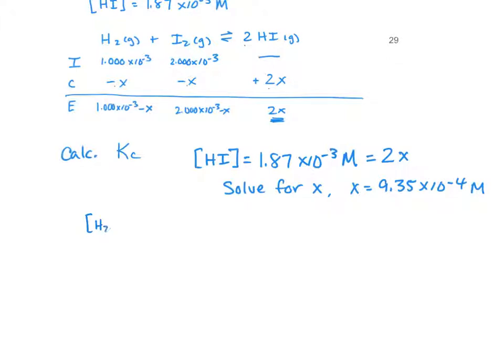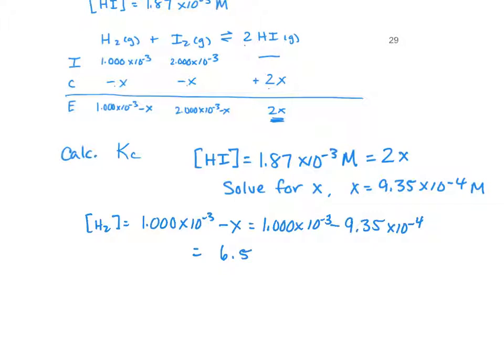So the concentration of H2 is 1 times 10 to the minus 3 minus x, 1 times 10 to the minus 3 minus 9.35 times 10 to the minus 4, which is equal to 6.500 times 10 to the minus 5 molar.